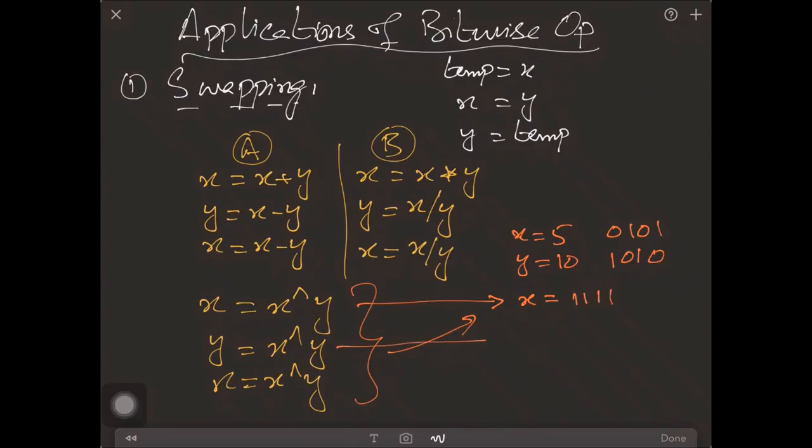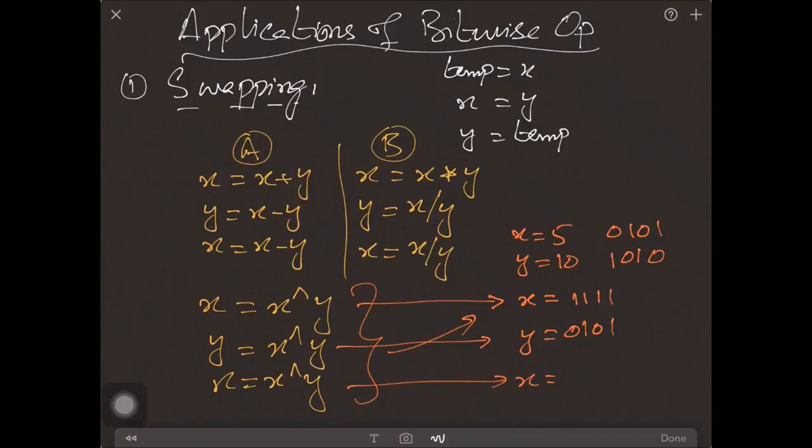And this line will give me y is equal to x hat y, that is all ones XOR 1, 0, 1, 0, so this will give me 0, 1, 0, 1. And for this last x hat y, x contains this and y contains this now.